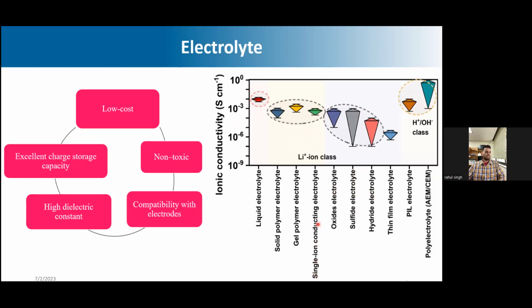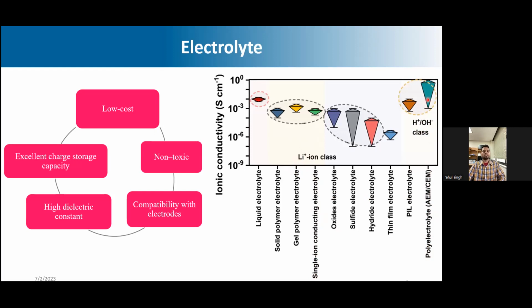So if we see single ion conducting electrolyte, this system and this polyelectrolyte system are almost the same. The basic organic element is the same, but they conduct lithium ion through the membrane. But in polyelectrolyte, that is anion exchange membrane and cation exchange membrane, they conduct ions like H+ and OH-, and their conductivity is very high.